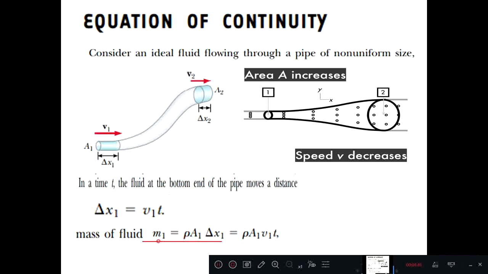As we know, density equals mass by volume, so mass equals density multiplied by volume. The volume is area into length, so the mass can be written as rho A1 into v1 into t, because delta x1 is v1 into t.